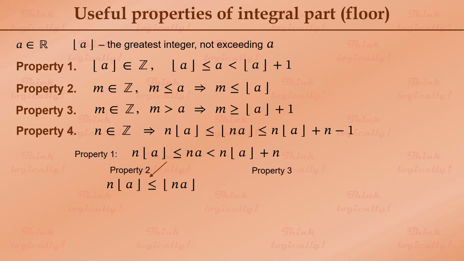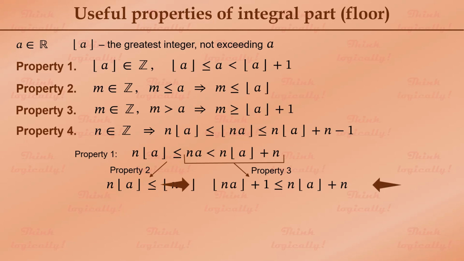Then we apply property 3 to the right part of the double inequality. The right-hand side, n times integral part of a plus n, is an integer, and it is greater than n times a. Therefore, according to property 3, the right-hand side must be no less than the integral part of n times a plus 1.